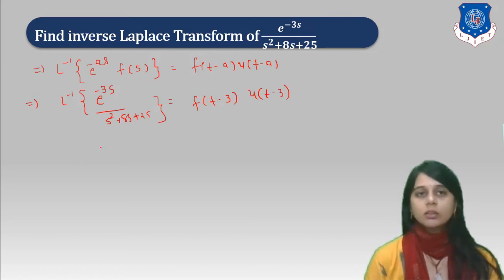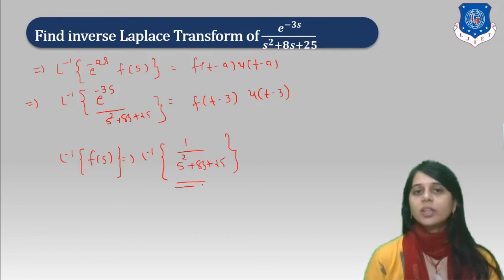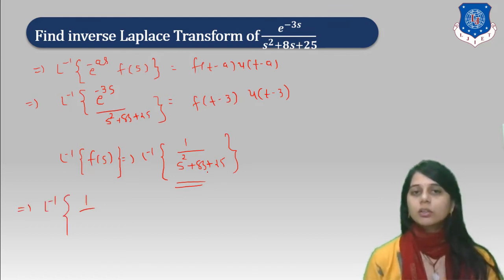But what is the inverse of f of s? The inverse of f of s is 1 upon s square plus 8s plus 25. How do we find the inverse of this? We complete the square: s square plus 8s plus 16 plus 9.